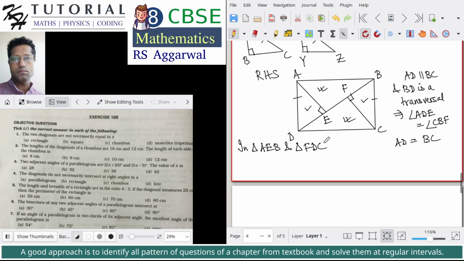We already have this side equal, that is AB is equal to DC. We have alternate angles equal, this angle will be equal to this angle. So we have angle ABE is equal to angle FDC.